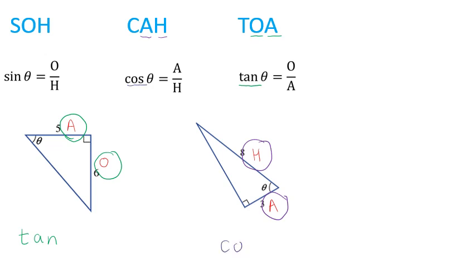I'm just going to write underneath it, cos. And this third one here, we have O and H. So which is that going to match? Yep, it's going to match SOH, O and H. So that means this triangle is sine.